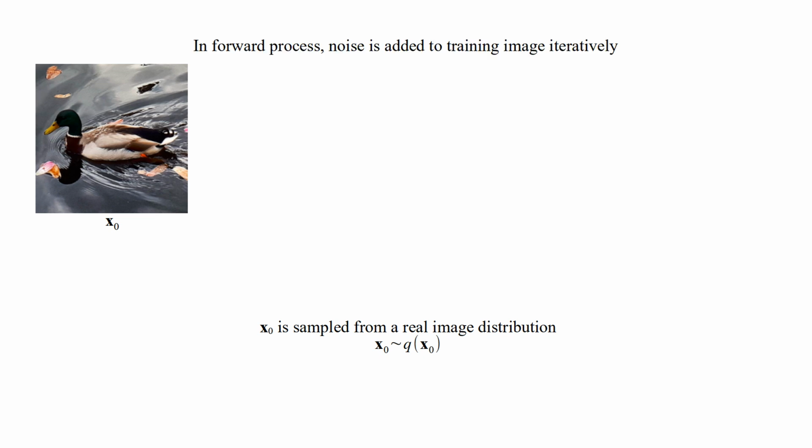Forward process. X0 is the training image sampled from a real image distribution. In forward process, noise is added to training image iteratively.